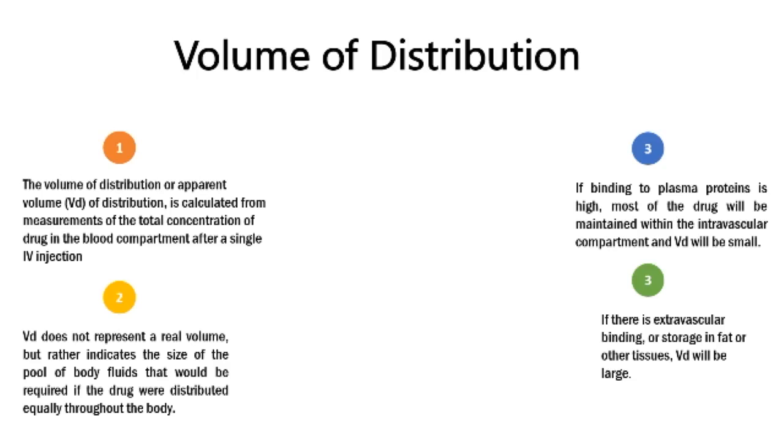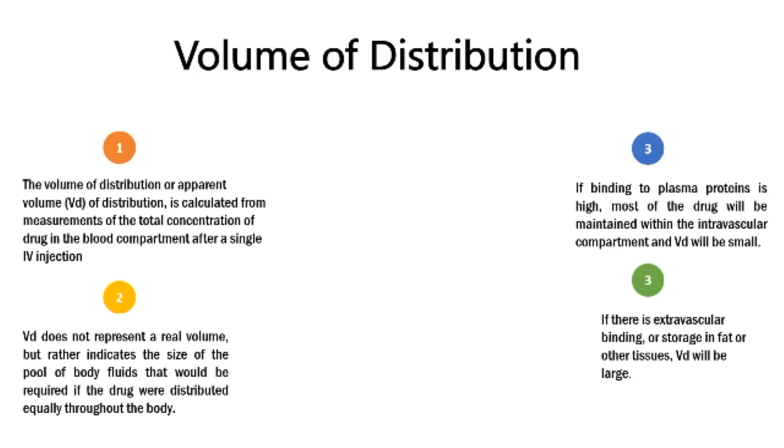It's just giving you an extent to which a drug is going to be distributed. If binding to plasma protein is high, most of the drug will be maintained within the intravascular compartment and VD will be small. If there is extravascular binding or storage in fat or other tissues, then VD will be large.